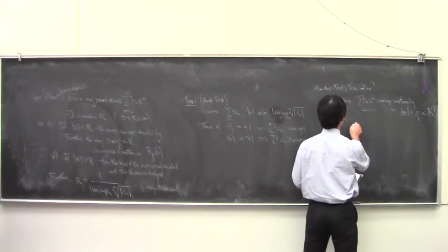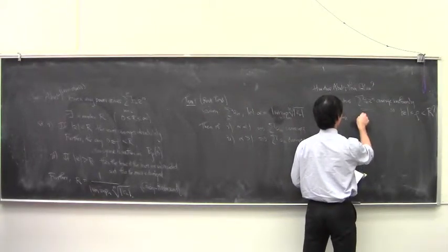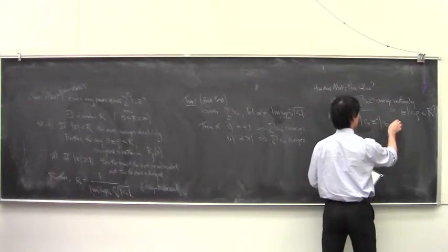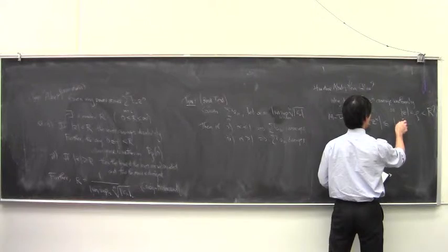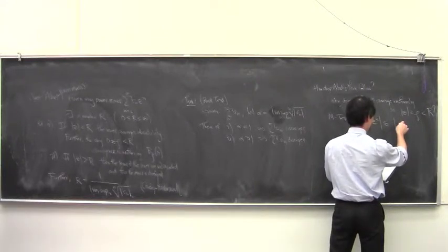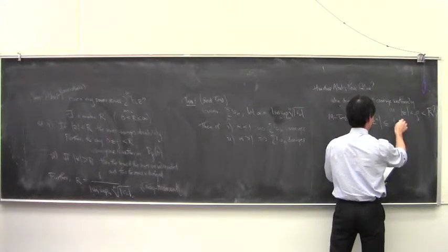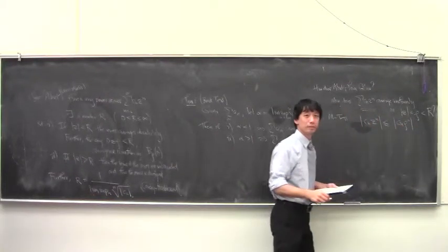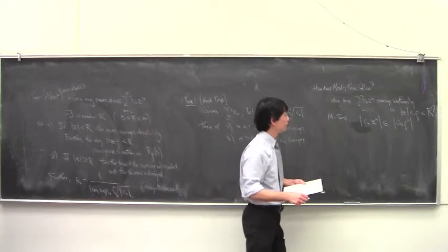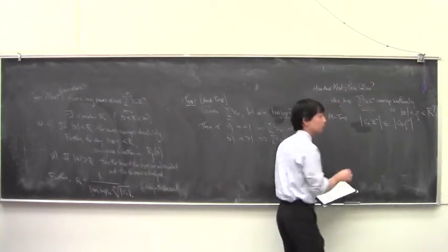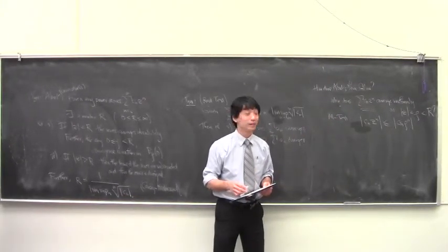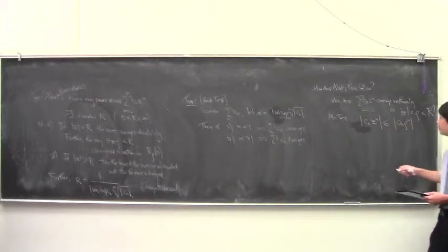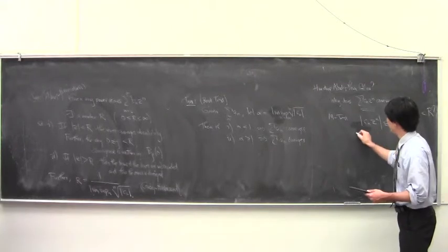So there's only one thing to do: |cn z^n| is smaller than some bound.